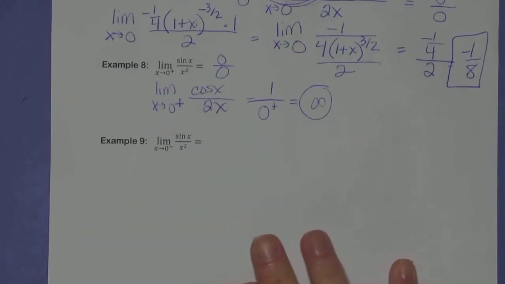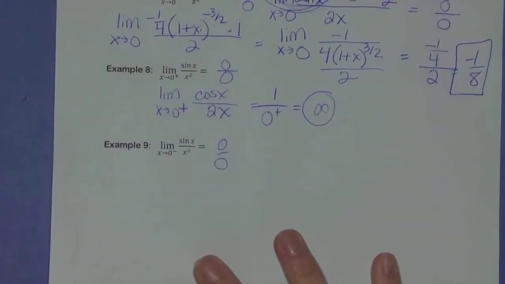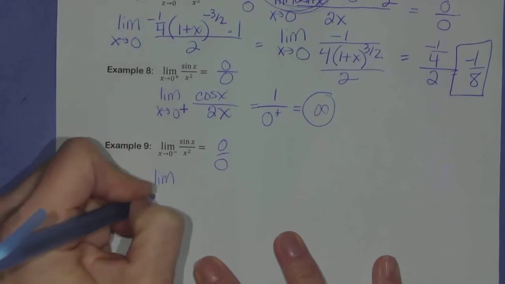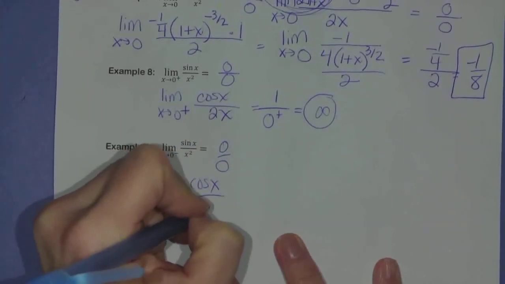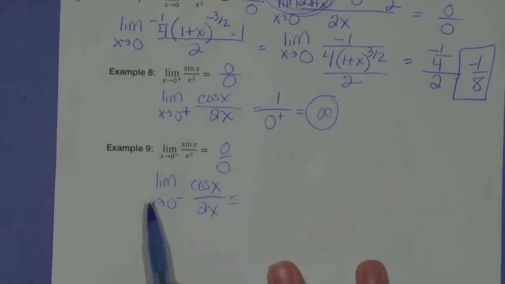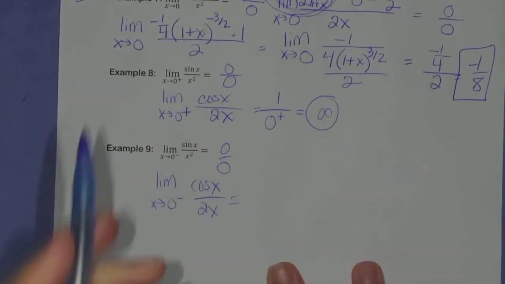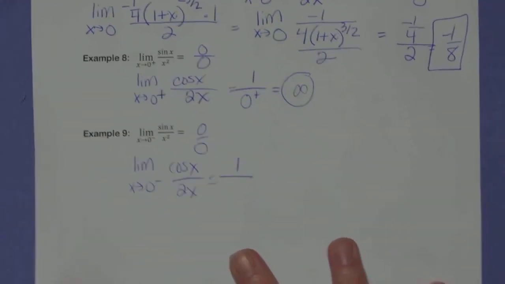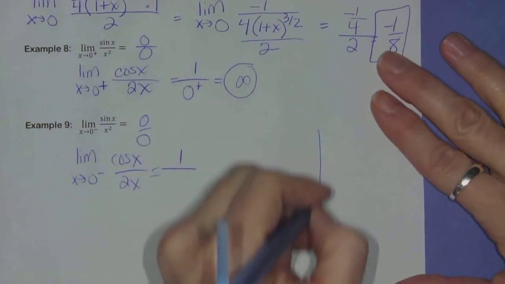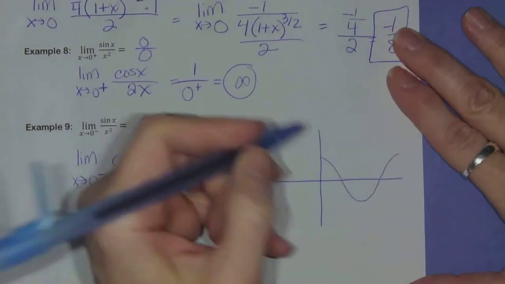So what's the catch on 9? Well, there's only one slight difference. You'll start with 0 over 0. You'll have the exact same derivatives, cosine x over 2x. The difference is when you put 0 in here, or even a number just slightly less, your y values from both sides are definitely approaching 1. Think about the graph of cosine of x. Looks like this. There's 1 cycle.